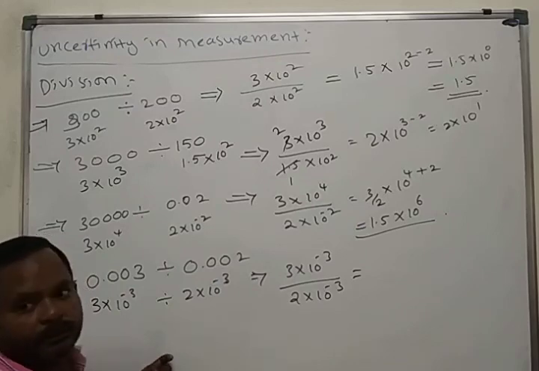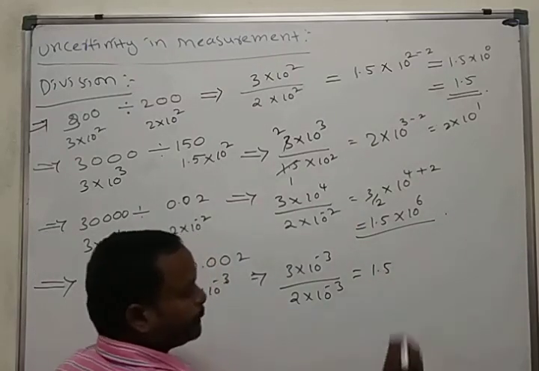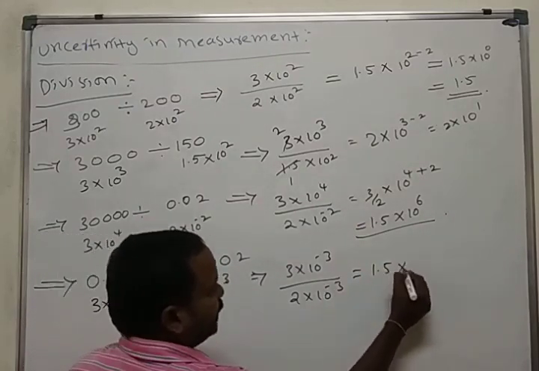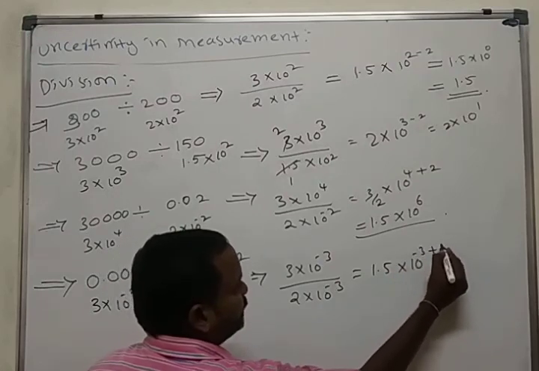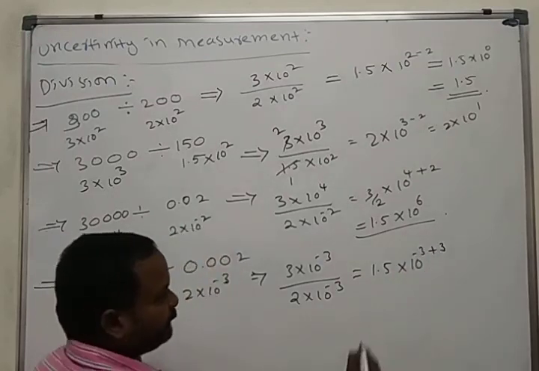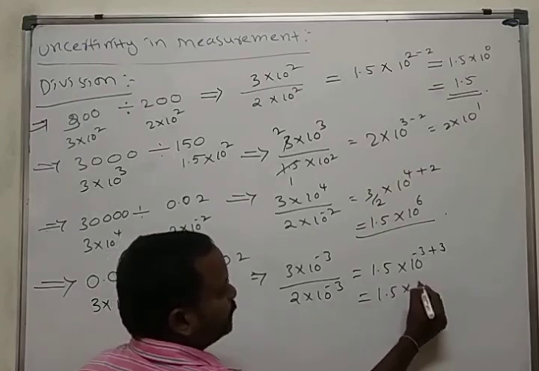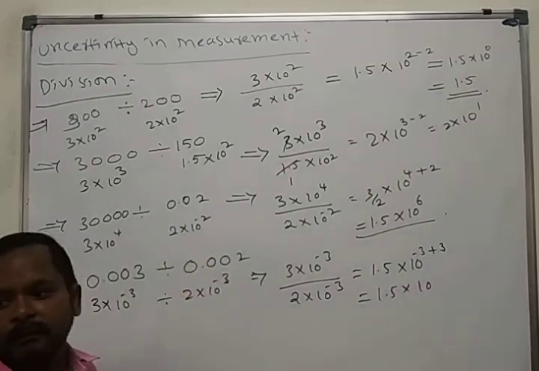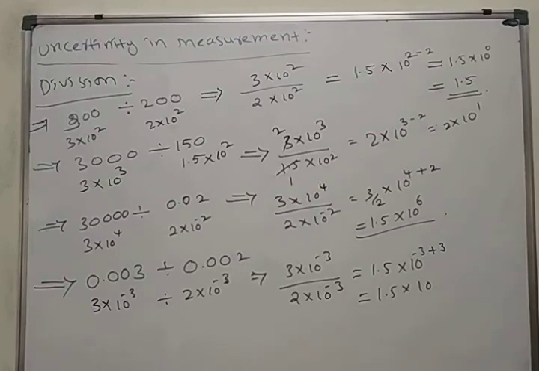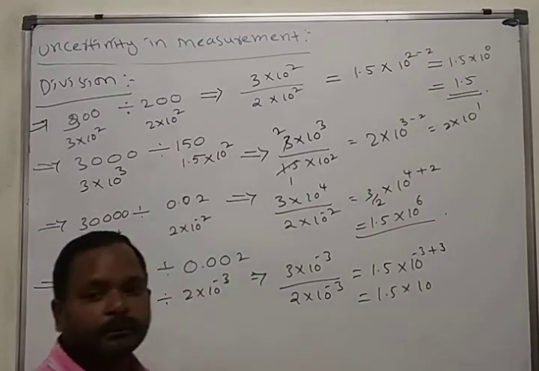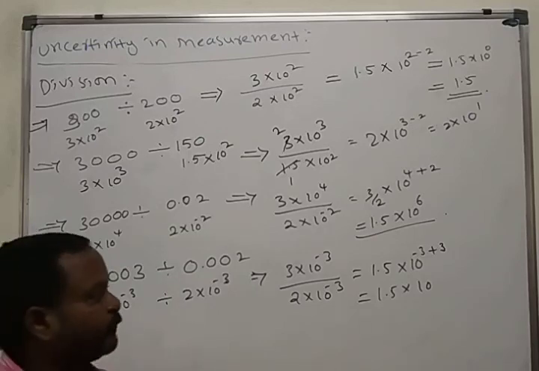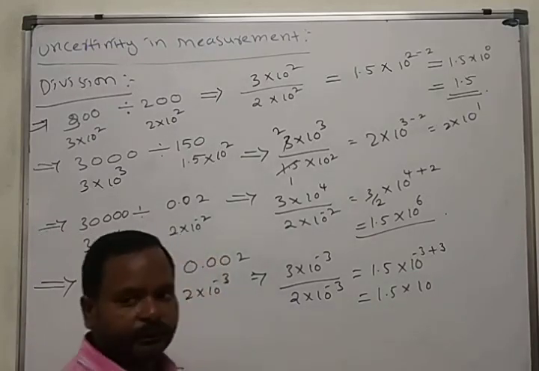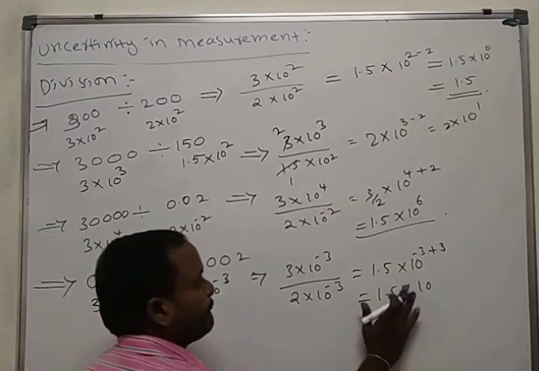What is the value? 1.5, and the 10 comes upside: 10 to the power of minus 3 plus 3. What is the value? 1.5 into 10 to the power of minus 3 plus 3, which is 0. That means 1.5 into 10 to the power of 0, that is 1.5.